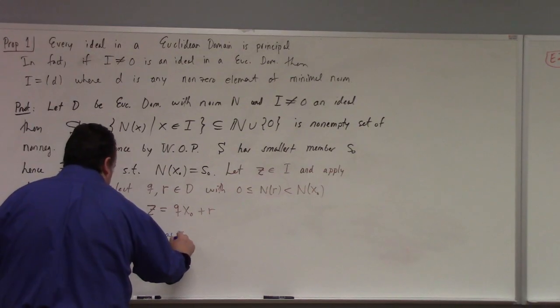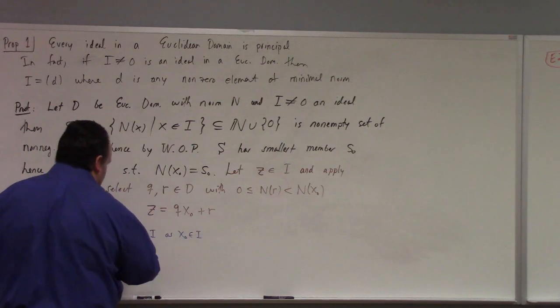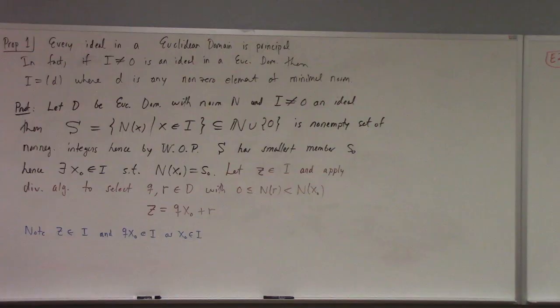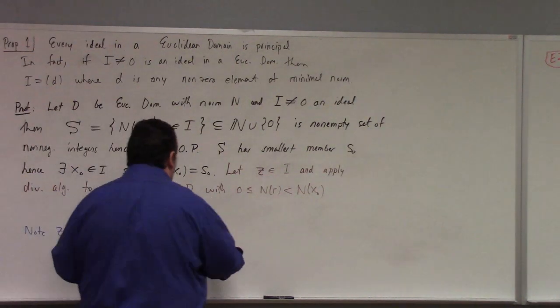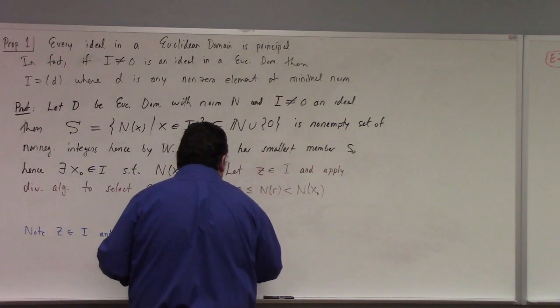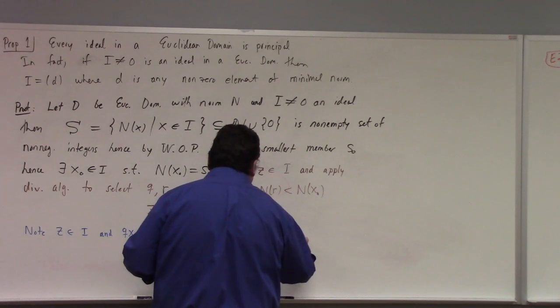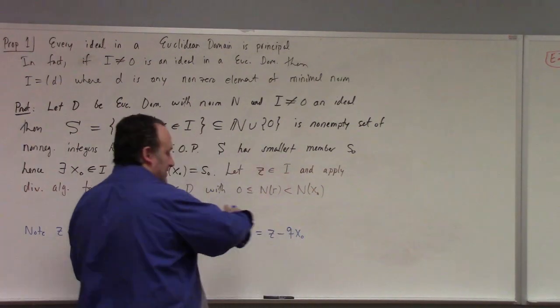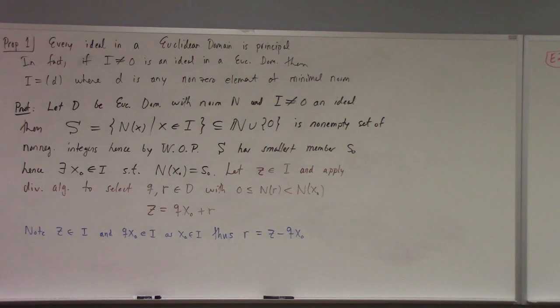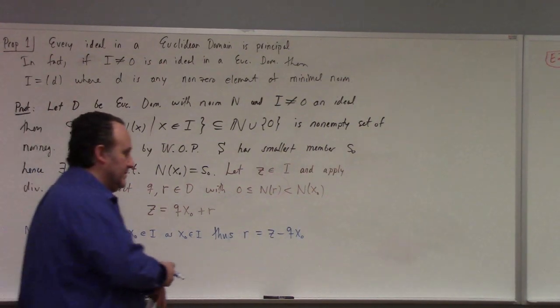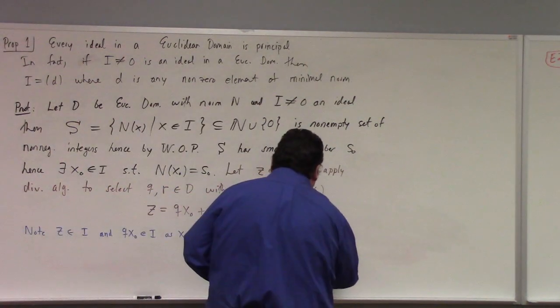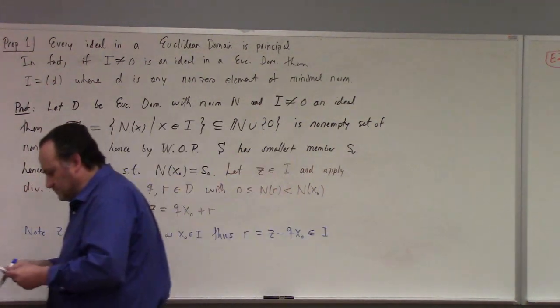As x naught is an element of I, and so by closure we have q x naught in I. So what that shows you though is that r is equal to z minus q x naught, which is a difference of elements in the ideal, and as an ideal is a subring, consequently r is an element of what? It's an element of I. All right?